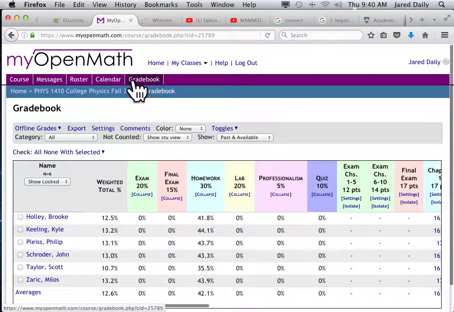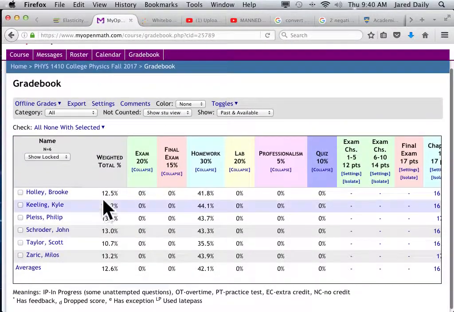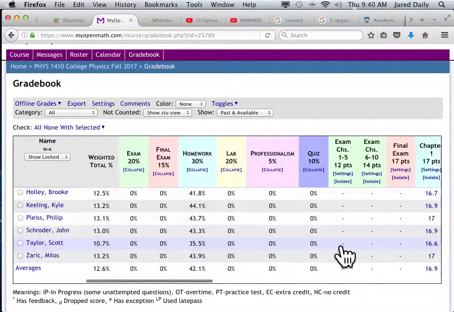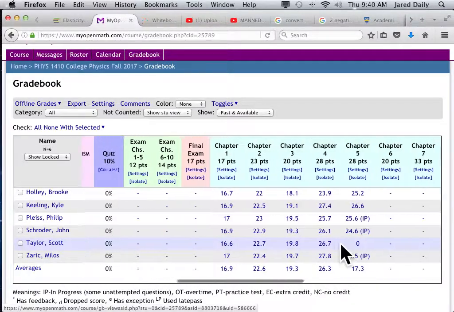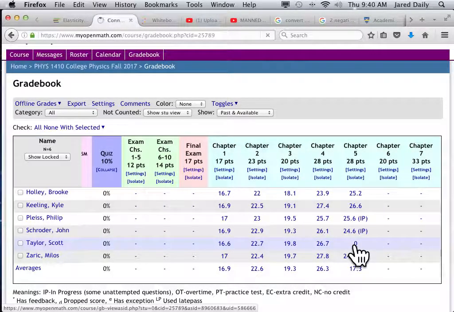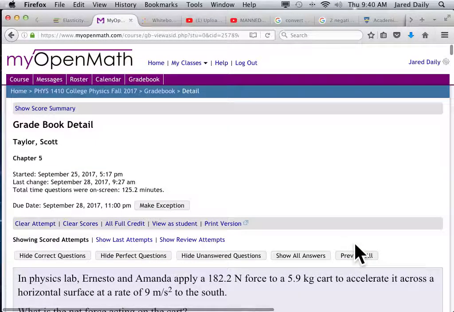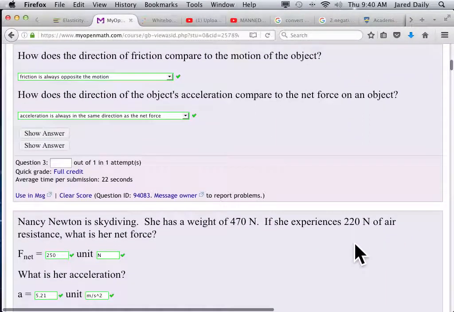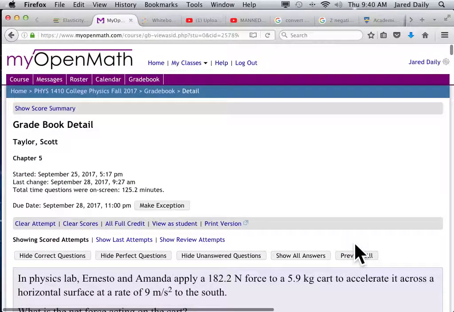Grade book, check 5. Scott, right? Holy crap. Well, I've got your answers in here marked correctly.